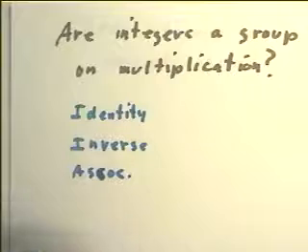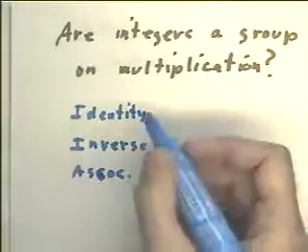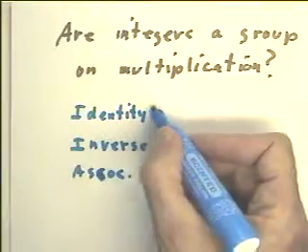You don't have to have commutativity. If you do have commutativity, then the group is an abelian group, a commutative group.